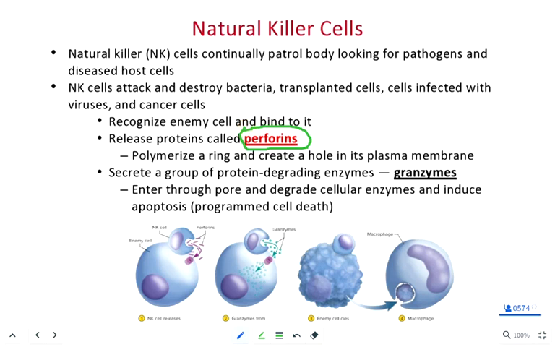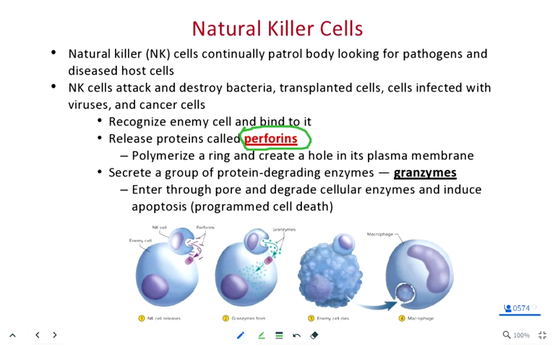A key difference between the perforin and the membrane attack complex is that the membrane attack complexes come from proteins that are just circulating in the blood plasma as part of the complement cascade. These perforins are going to be specifically exocytosed or released by the natural killer cell. So they come from two different locations, but they have remarkably similar structural and physiological responses.